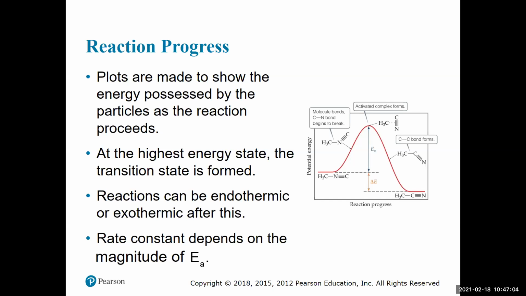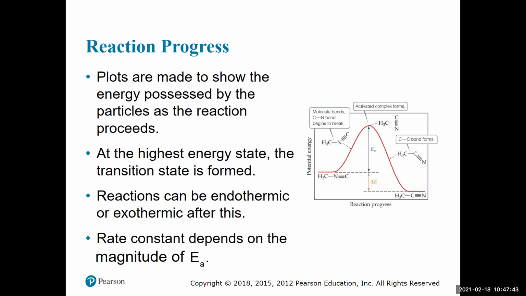And in this example, the activated complex is CH3 with this dotted line between the carbon and the CN triple bond. So that kind of temporary arrangement is what we mean by the organization of the molecule. And then it forms back to whatever it's going to be. And in this case, we see that now we have a carbon-carbon bond, whereas before we had a carbon-nitrogen bond.